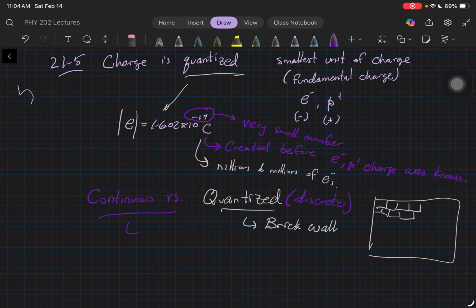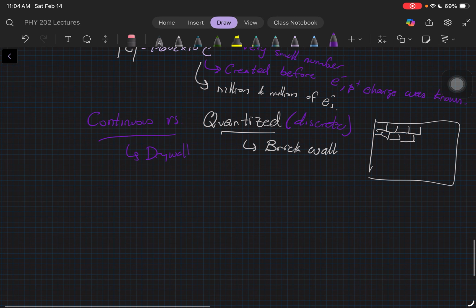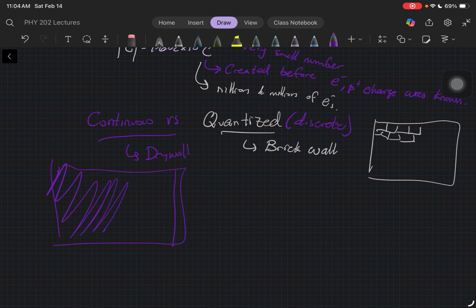And so continuous would be something like drywall, where you just have the whole piece. If you want, you can shave off a chunk. You can make it a little less. You can do whatever. But you also can't see the individual components, right? It's a continuum. It can have any value you want.